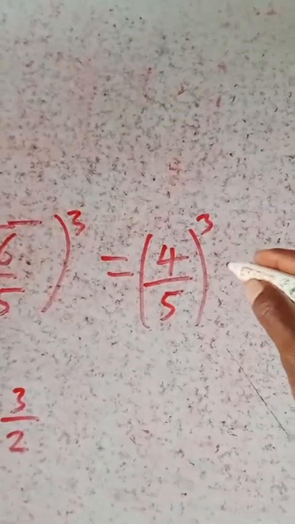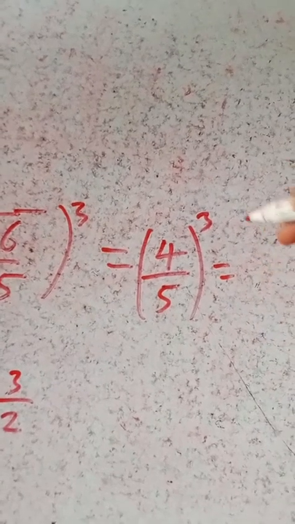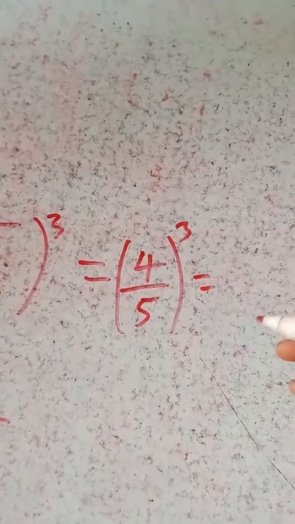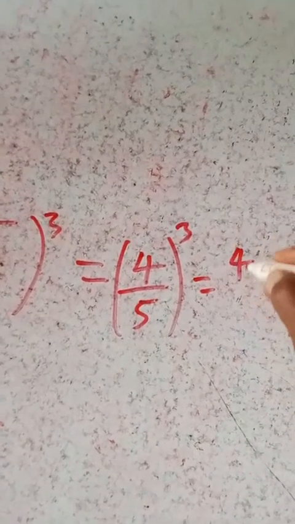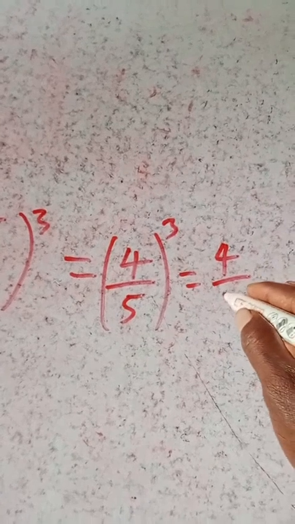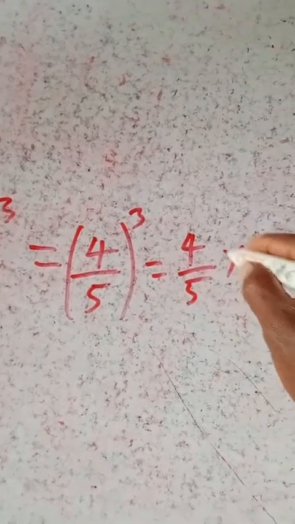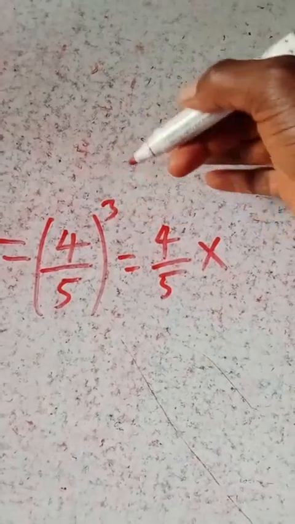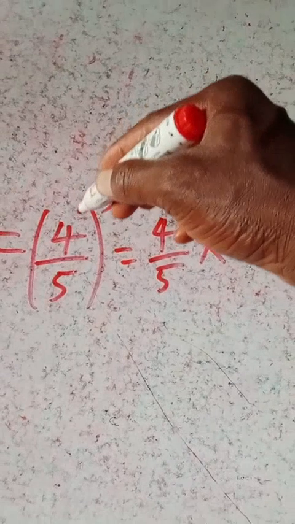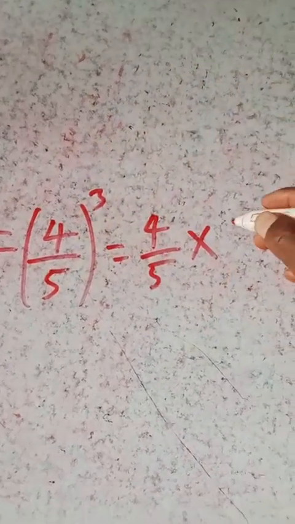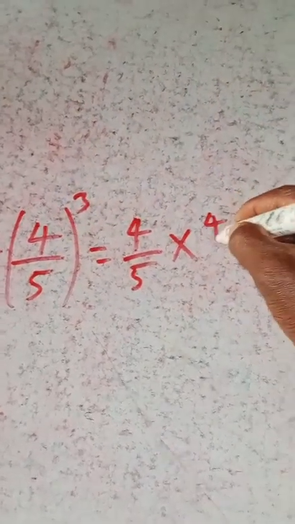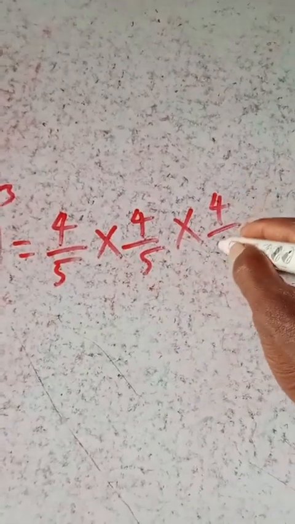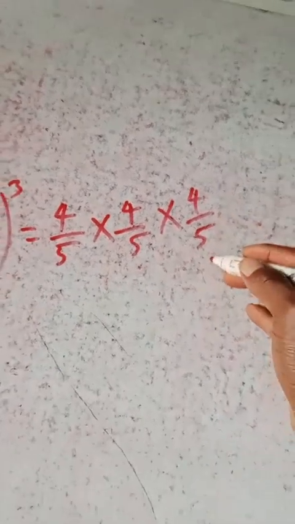So what this means is 4 over 5 in 3 times. This is the power law in the laws of indices. So 4 over 5 times 4 over 5 times 4 over 5. That is the meaning.